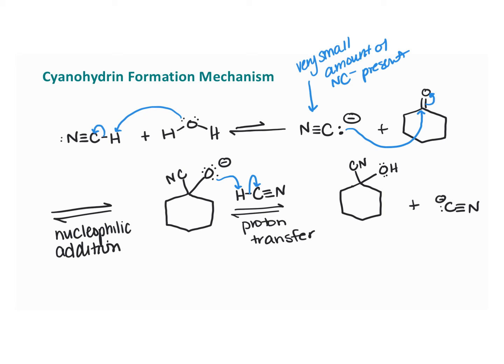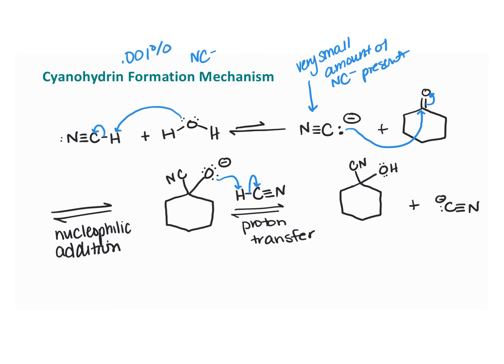So anything that we can do to get more of this will speed up the reaction. And just to kind of give you an idea, only about 0.001% dissociate into NC minus. That's it. So to make this reaction more effective, we can add a catalyst.